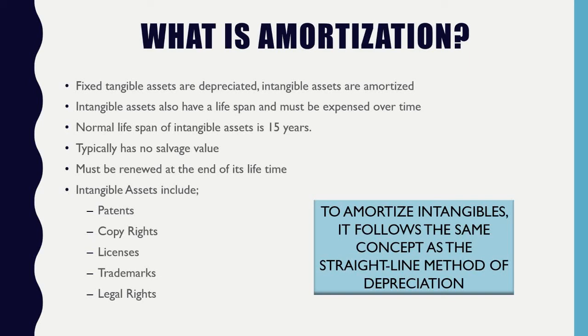Number one thing is, usually we don't know the length of time for an intangible asset, because it could be a 1-year patent, it could be a 15-year patent. I know Disney just renewed their license and copyrights for 50 years.